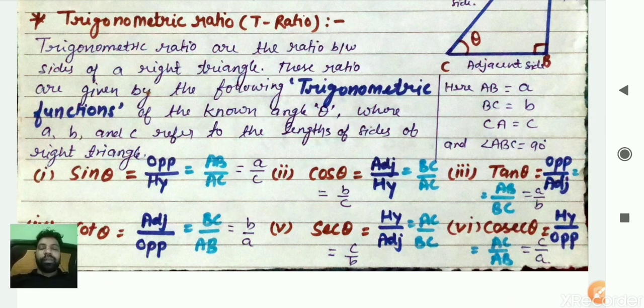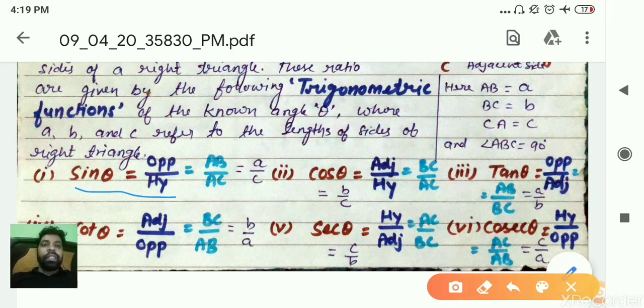Let me tell you one thing. As you can see, sin theta is equal to the opposite side divided by the hypotenuse, and cosec theta is equal to the hypotenuse upon the opposite side. So we may say that sin theta and cosec theta are the reciprocal of each other. In the same way, cos theta is equal to the adjacent side upon the hypotenuse, and sec theta is equal to the hypotenuse upon the adjacent side.